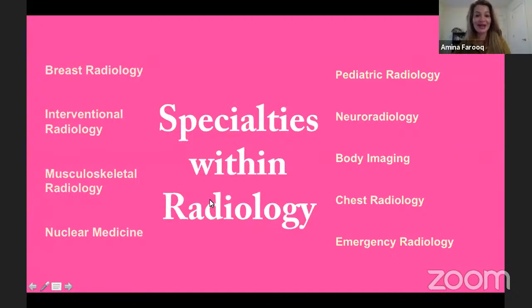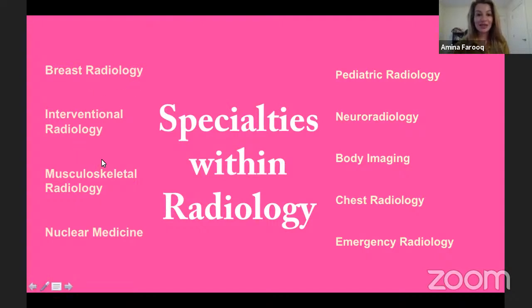So with that said, another misnomer that people have about radiology is that we just do one thing, right? We sit there and we interpret chest x-rays, but there are so many different specialties within radiology, a lot of which I didn't even know when I applied for it. And I've divided them in specialties on the left that are interventional and have a large physician-patient contact within them.